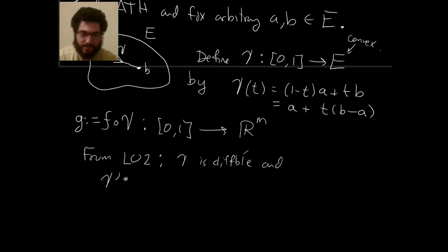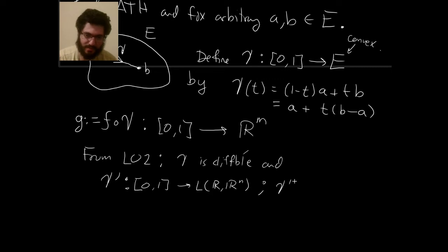Gamma prime will be a function from [0, 1] to L(R, R^n), and it will be given by gamma prime t of h equals h times the vector b minus a, the displacement vector from a to b.